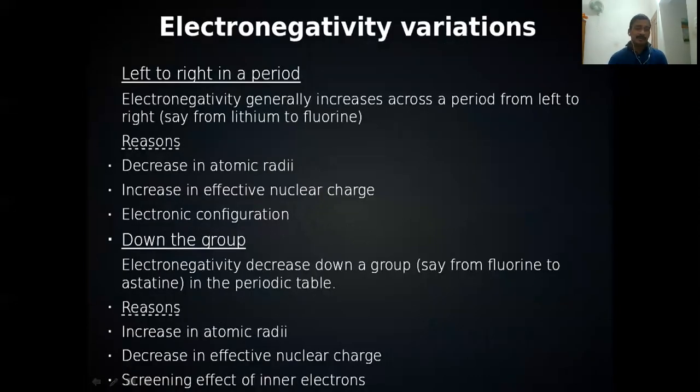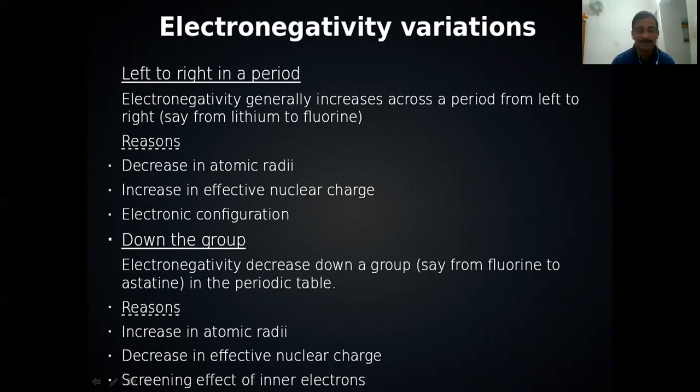Electronegativity variations: left to right in a period, electronegativity increases. That we already mentioned. Alkali metals are electropositive, halogens are electronegative. So electronegativity increases from left to right in the periodic table. What are the reasons?